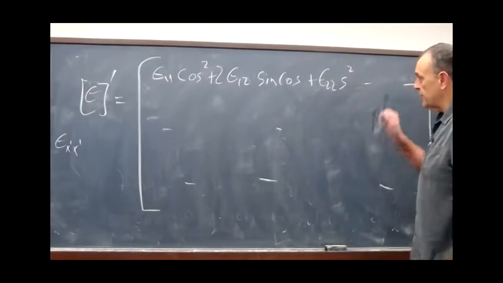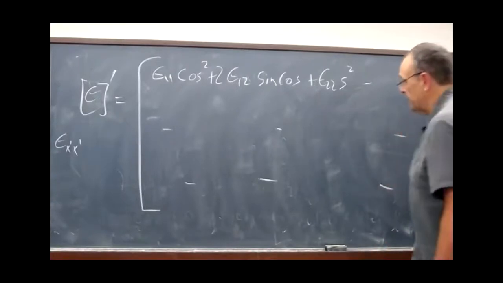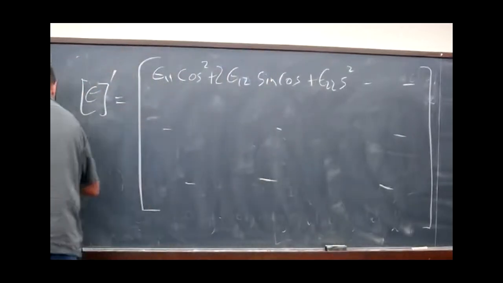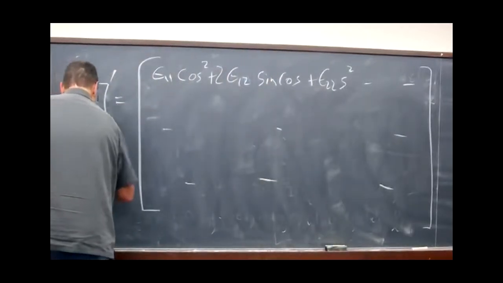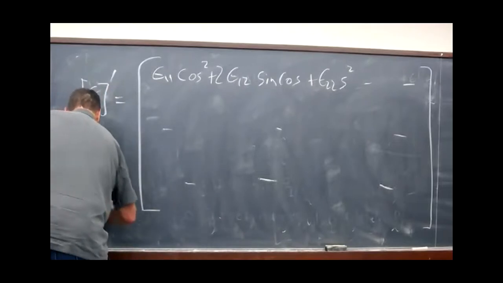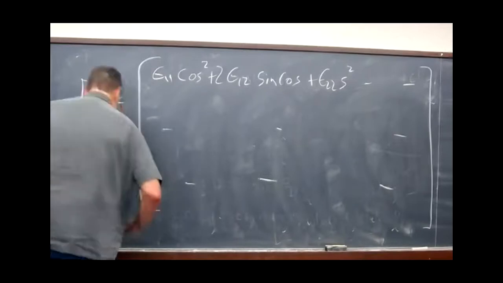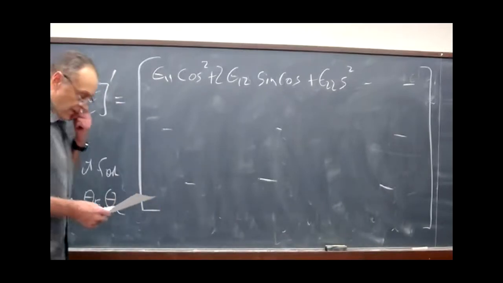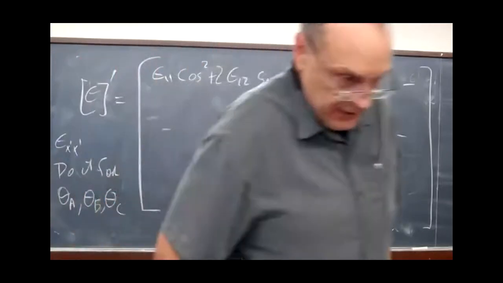So then I do the same thing. Remember, we do it for all three gauges: theta A, theta B, theta C. And we end up with the following set of equations.